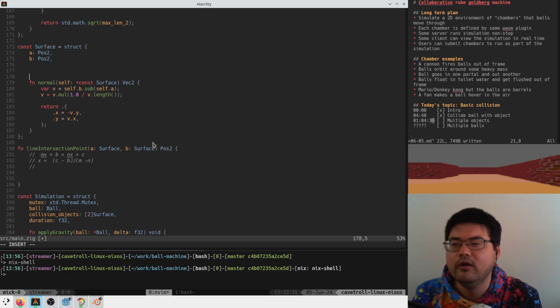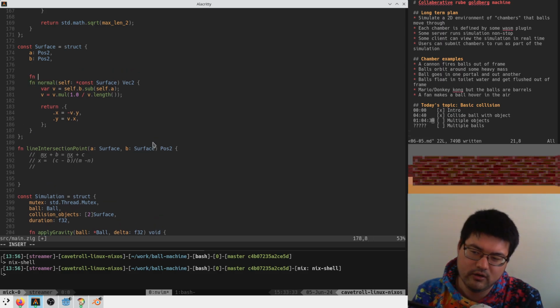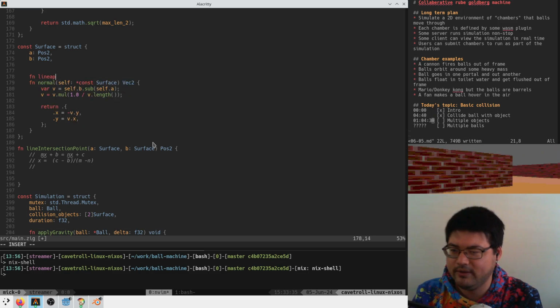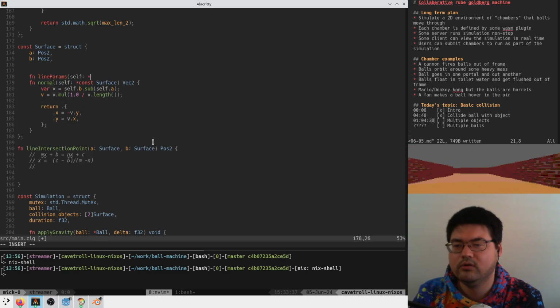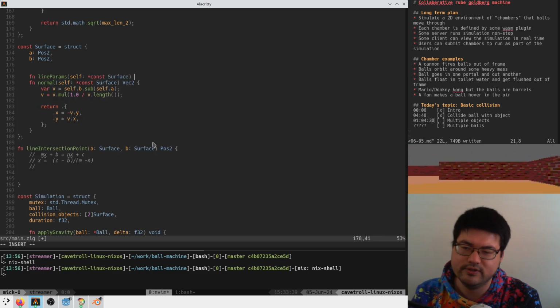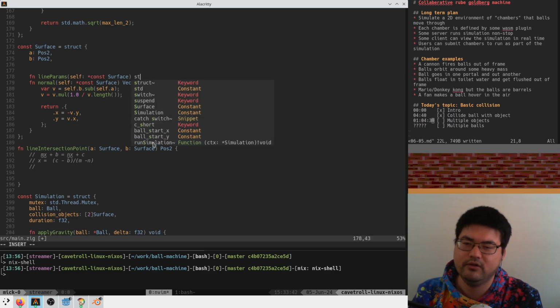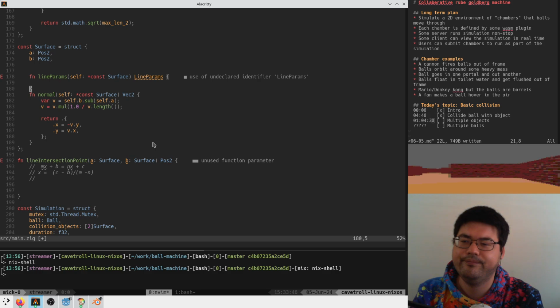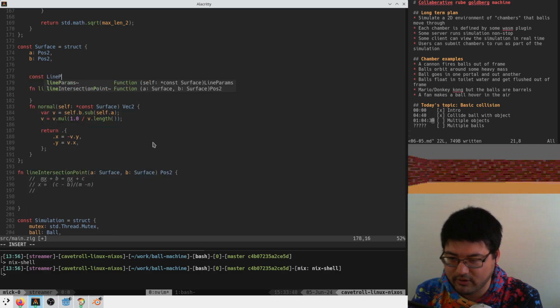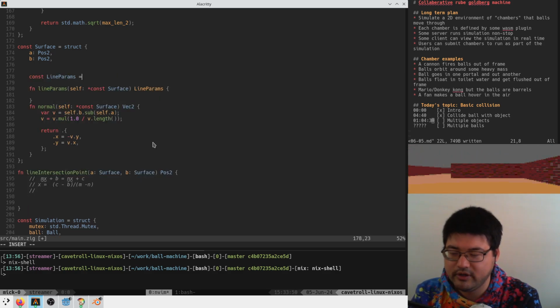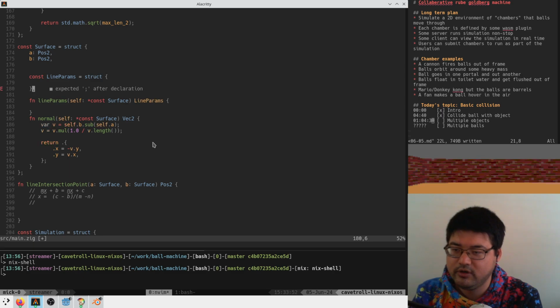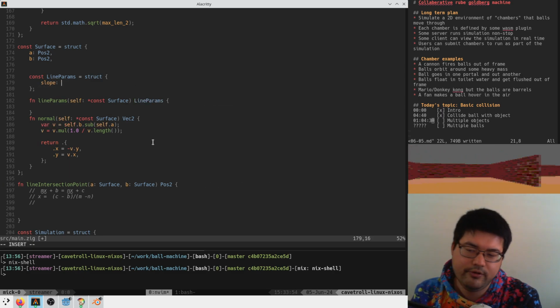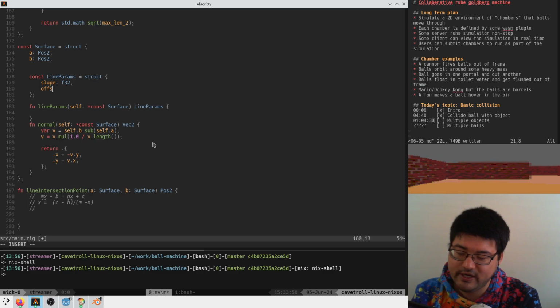So we'll say function line params returns some line params. Const line params is a struct, and it's got a slope and an offset.